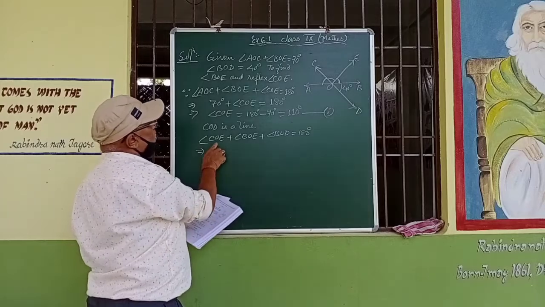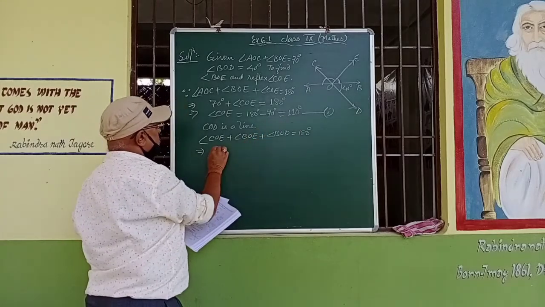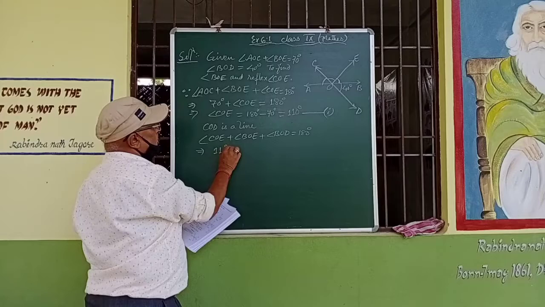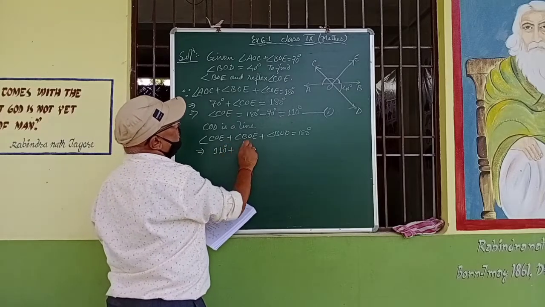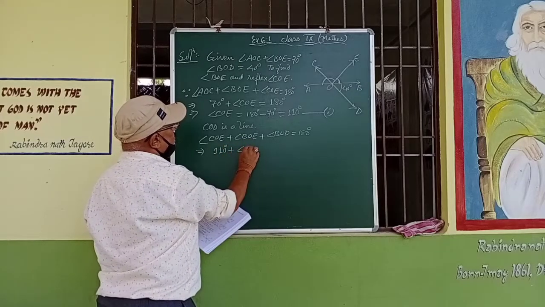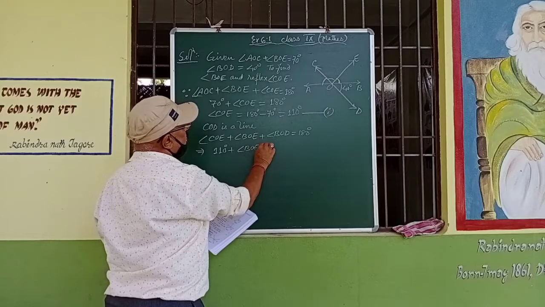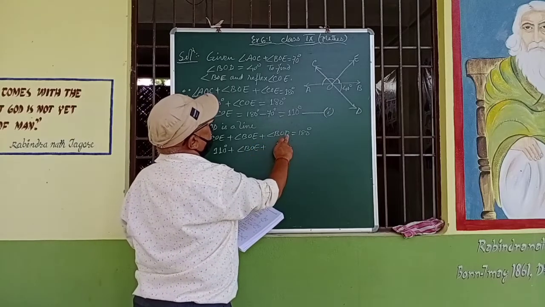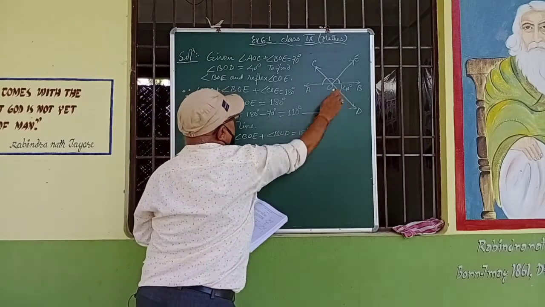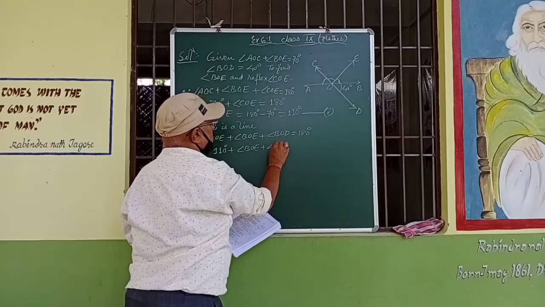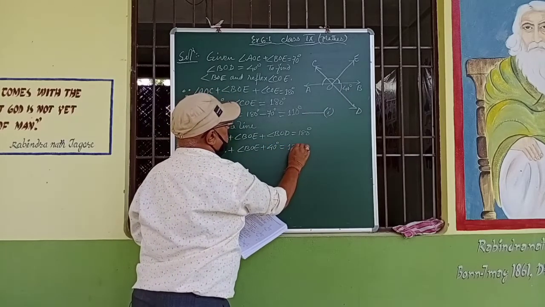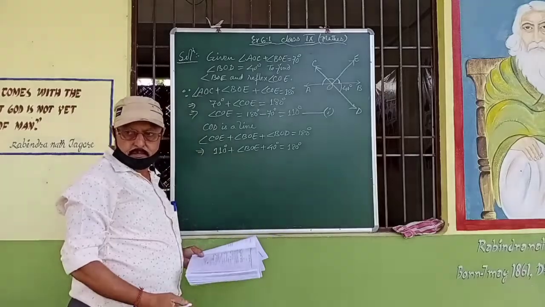Or COE we got 110 plus BOE we have to find plus BOD. It is given 40 degree, you see. It is 180 degree. Okay.